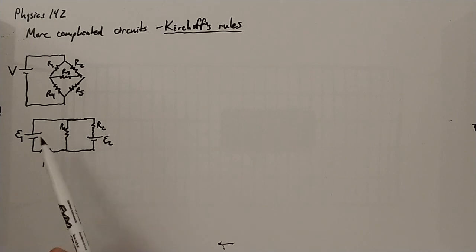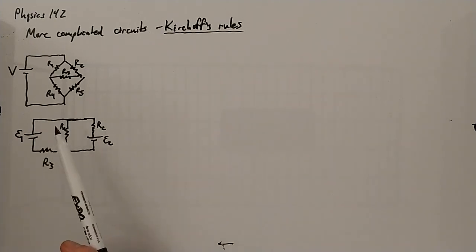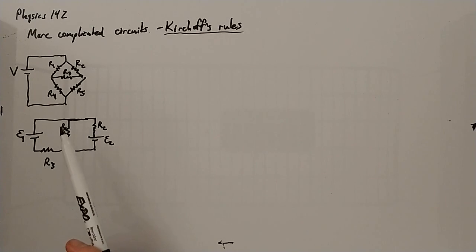So to handle more complicated circuits like this, I want to introduce a set of rules or a procedure for doing that. These rules are generally referred to as Kirchhoff's circuit rules, and they center around two concepts, loops and junctions.